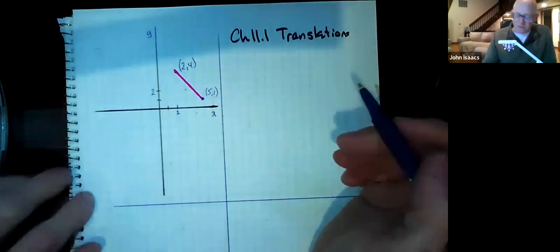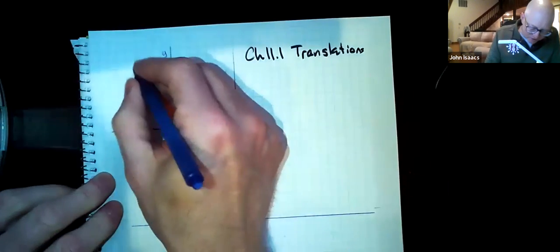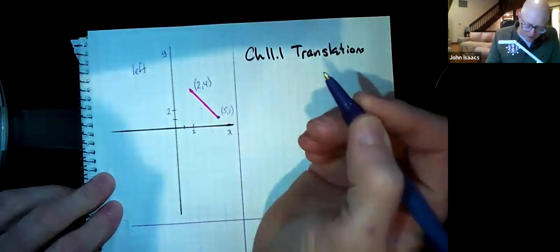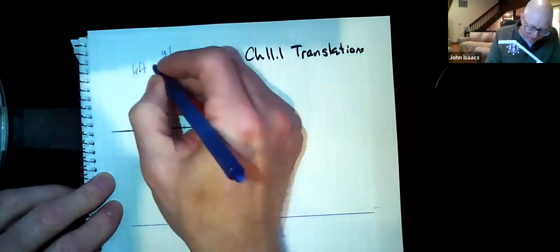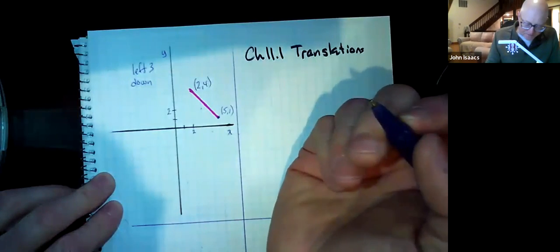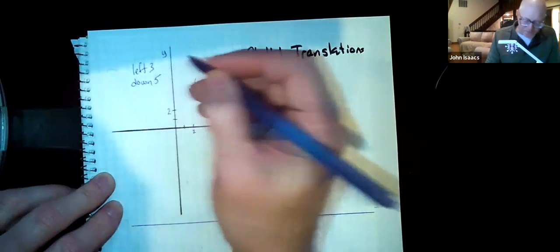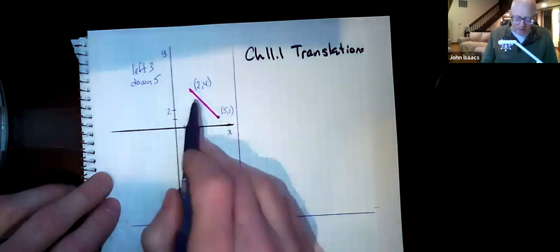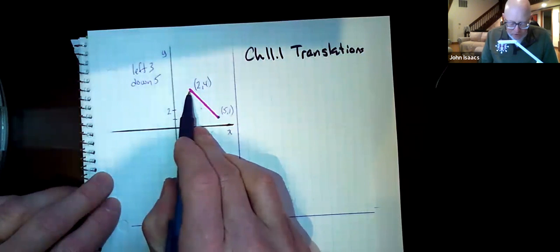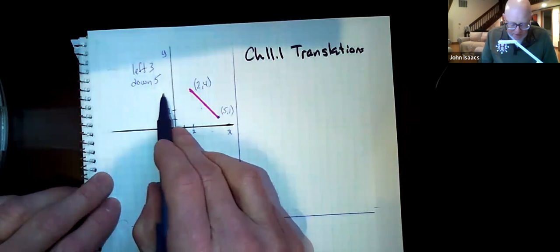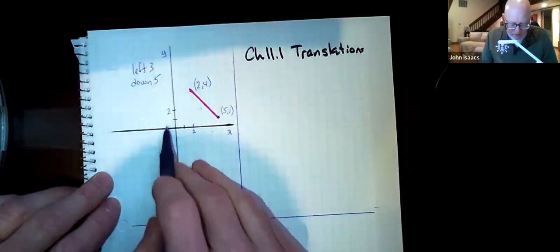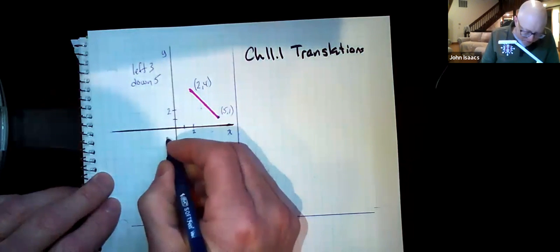Now, if we wanted to translate this, let's say we wanted to translate it left 3 units, and we want to translate it down 5 units. Okay, so we would take this point and we would go to the left 1, 2, 3 and down 5. 1, 2, 3, 4, 5. That would come to here.